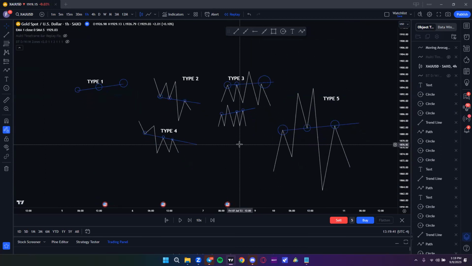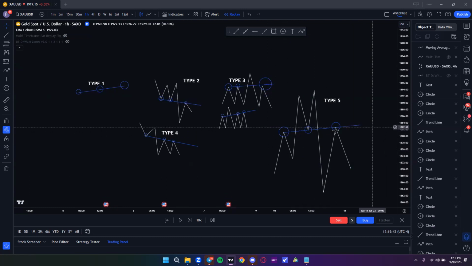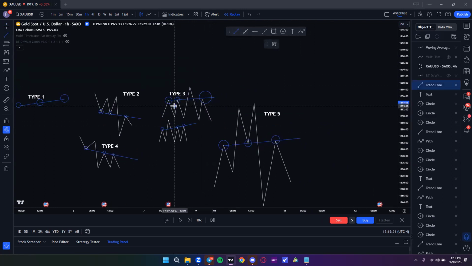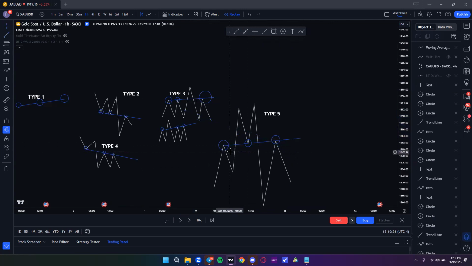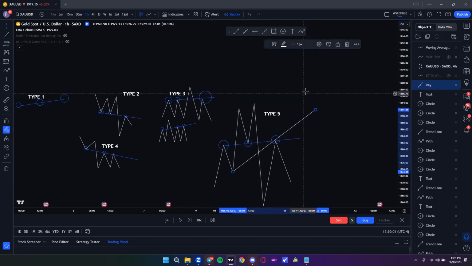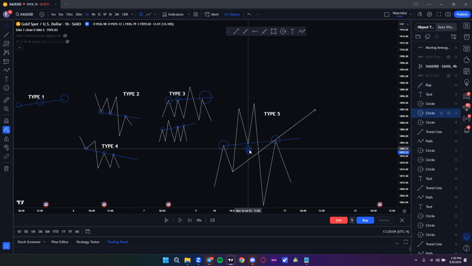You could have this trend line also combining with another trend line, like type 3, for example. You could come down across like this, or even like this right here. This could be a big wick right here.